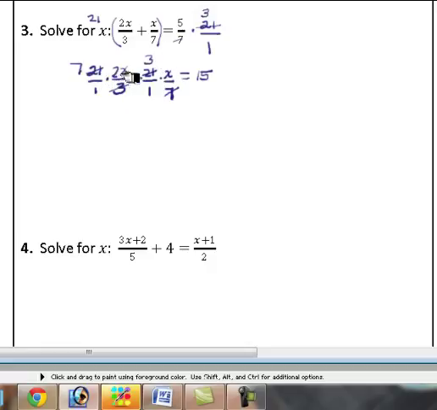So we have 7 times 2x, that's 14x, plus 3x is equal to 15. So that's 17x is equal to 15. And just divide by 17, and we have x is equal to 15 over 17.